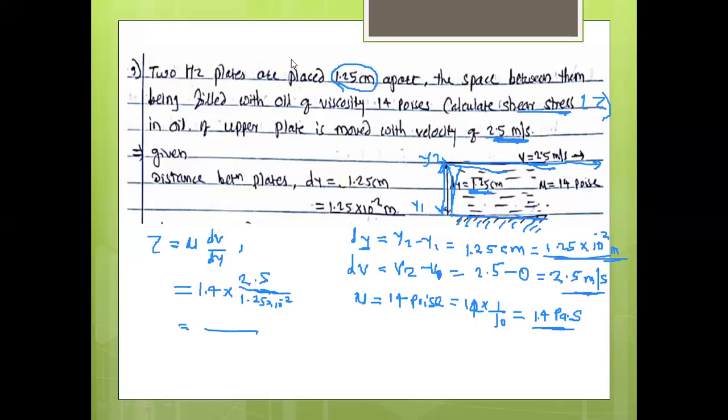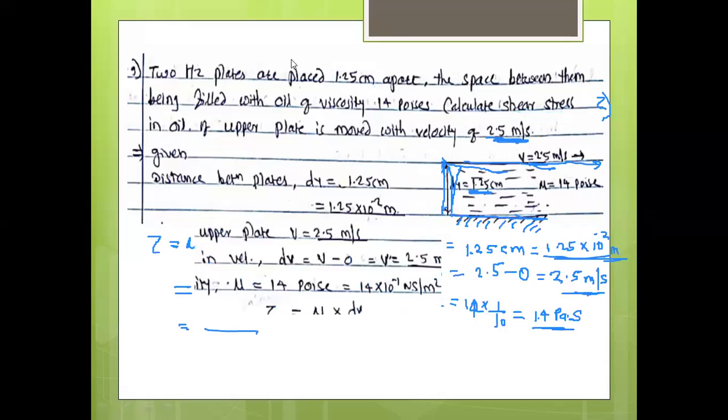Okay, 280. Write down the unit also. Many students have got the answer 280. The unit will be Newton per meter square. Correct.